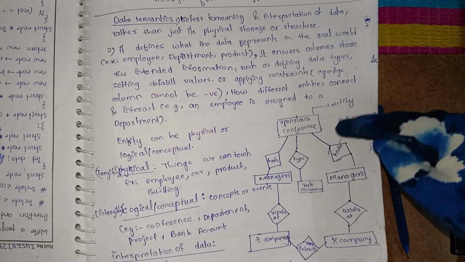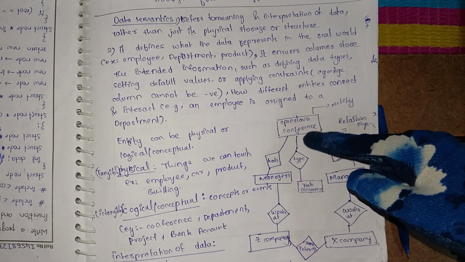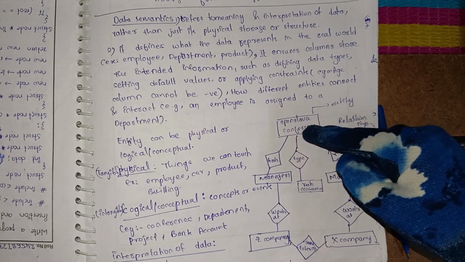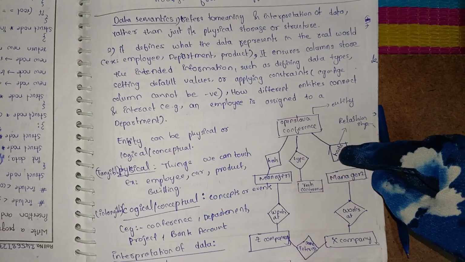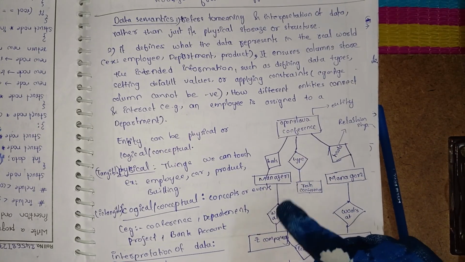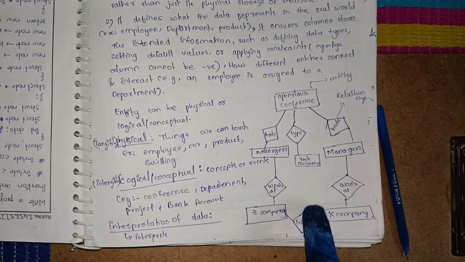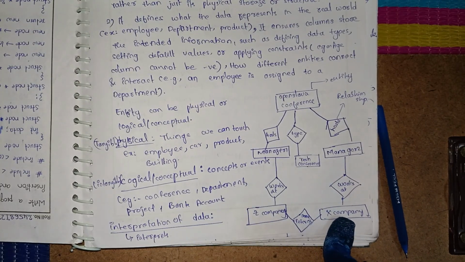OpenSlava conference is hosted by manager 2. OpenSlava conference type is tech conference, and OpenSlava conference is hosted by manager 1, and manager 2 works at X company, manager 1 works at Z company. Z company has the same interest as X company.